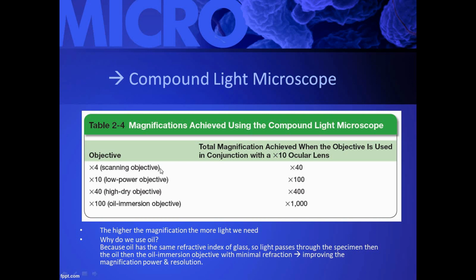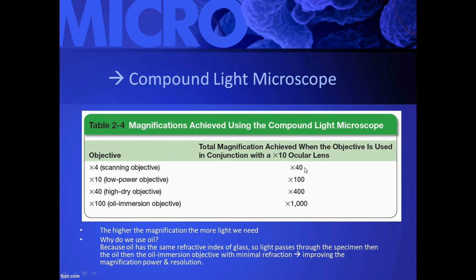We have the scanning objective that magnifies 4 times, the low power objective that magnifies 10 times, the high dry objective that magnifies 40 times, and lastly the oil immersion objective that magnifies 100 times. In order to calculate the total magnification of a compound light microscope, we multiply each objective by 10, that is for the ocular lens.